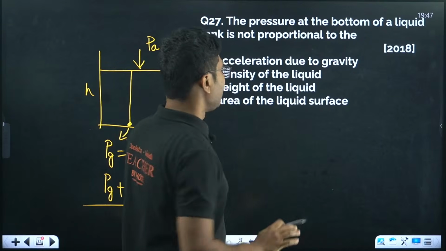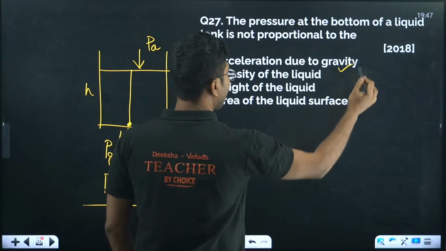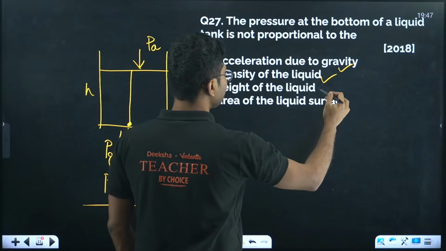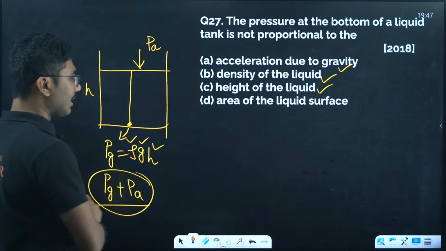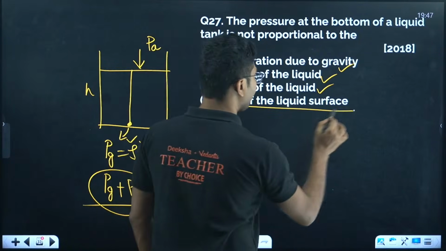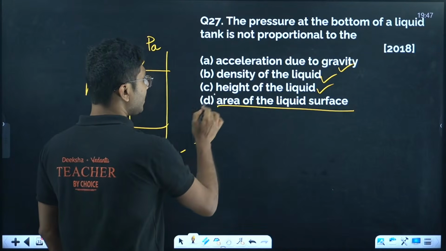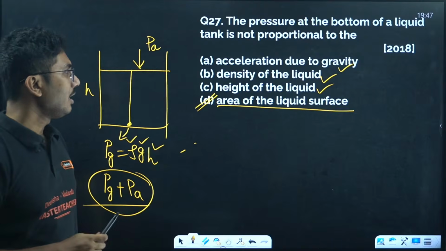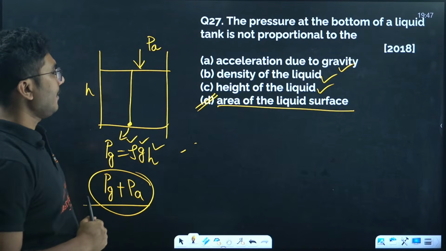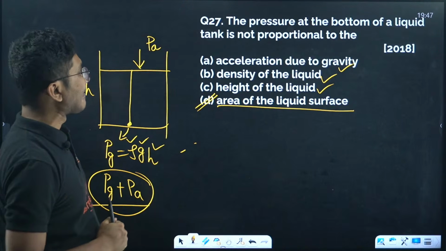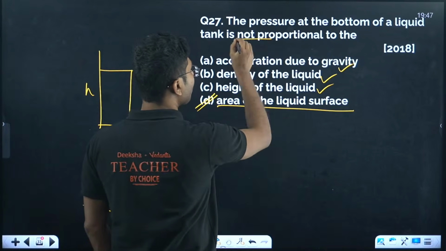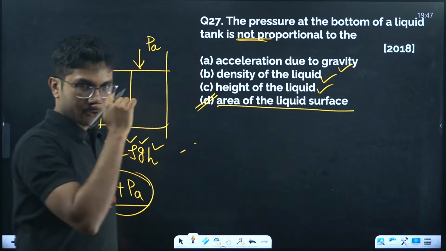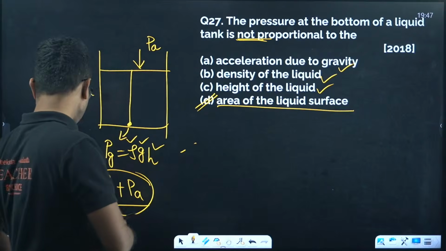So it depends on acceleration due to gravity, density, and depth, but anywhere in this formula there is no relationship with the area of the surface, so it is independent of the area of the surface. Because the question says not proportional to. Make sure you read the question, then you answer.